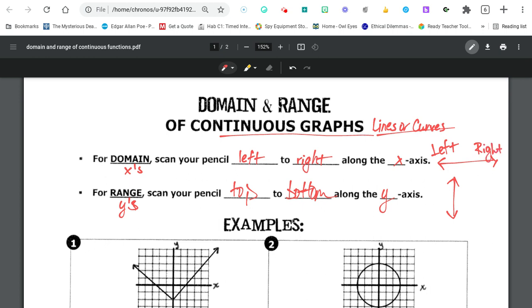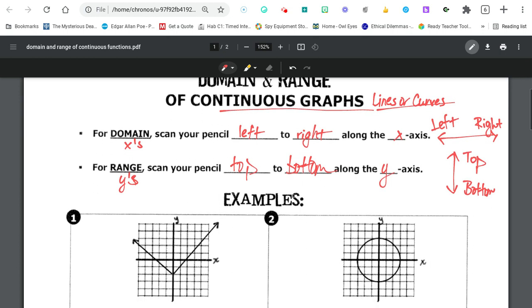And this is top to bottom, okay? Now, more than likely, it's going to be some range because these things probably going to keep going. And if they don't keep going, they won't stop at one particular point. It'll span out across a section, okay? So let's take a look.